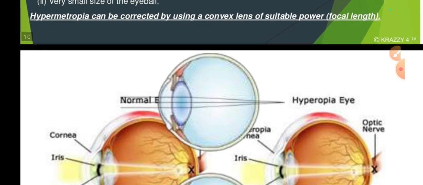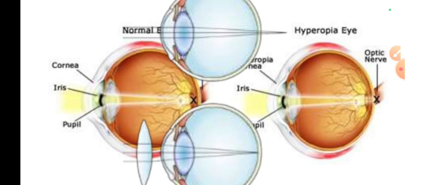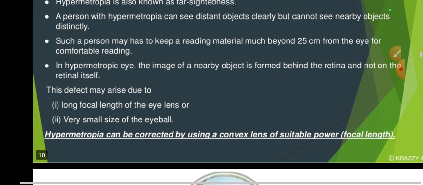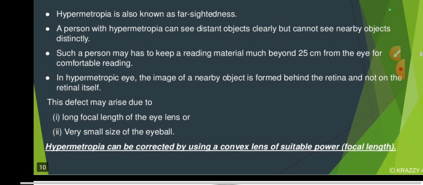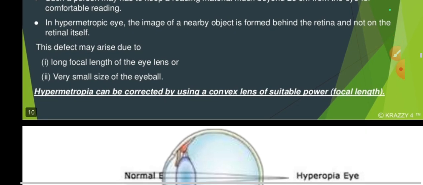Then see, the normal eye we already saw. The light rays coming from the object pass through the convex lens and converge at a point on the retina. One small dip is there, that dip is called the fovea. But in this case, because of a lens problem, the focal length of the eye lens is defective or the eyeball is very small.